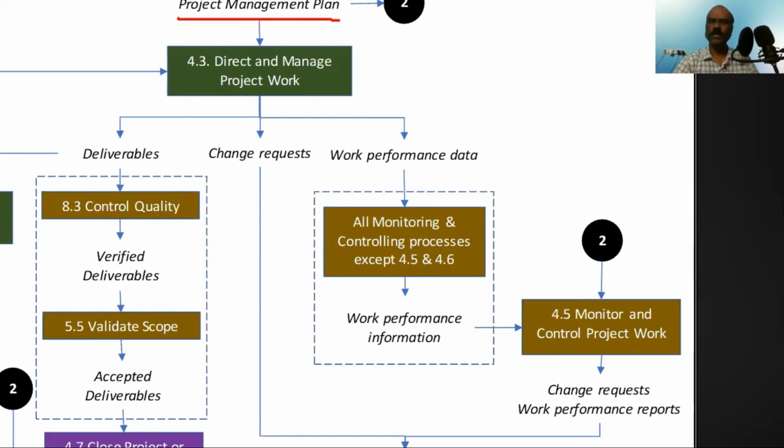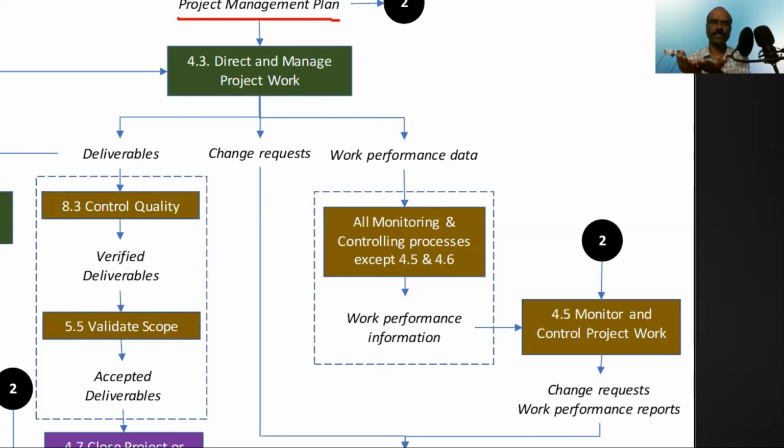And what all those processes do is an analysis. They basically take the original baseline or the original plan, and then they compare the actual performance. Work performance data tells you the actual performance. Now we need to compare the original plan versus the actual performance. Are they matching?